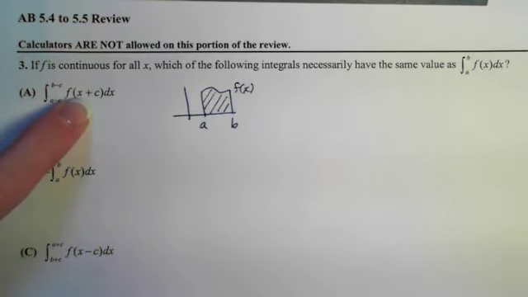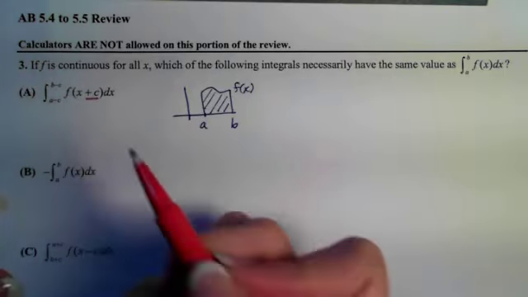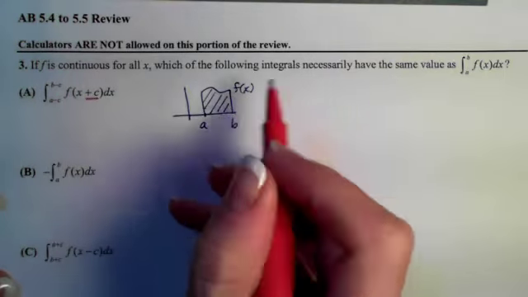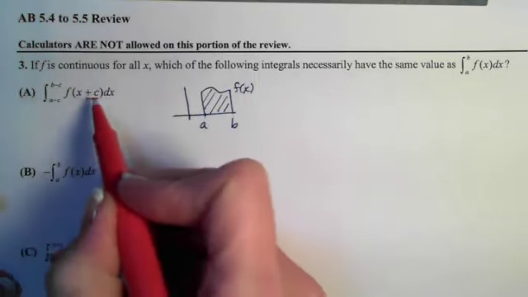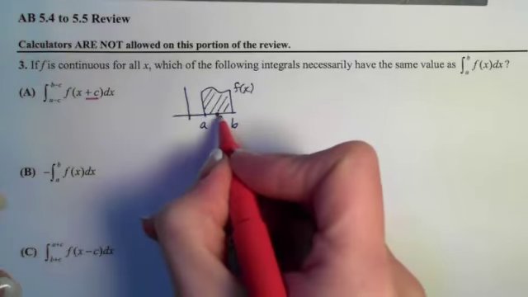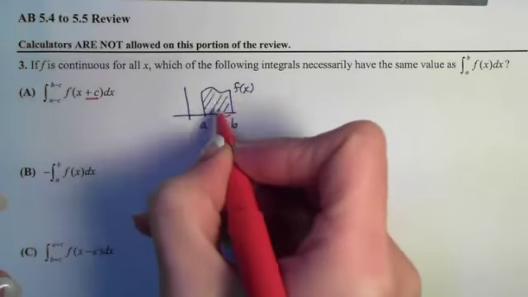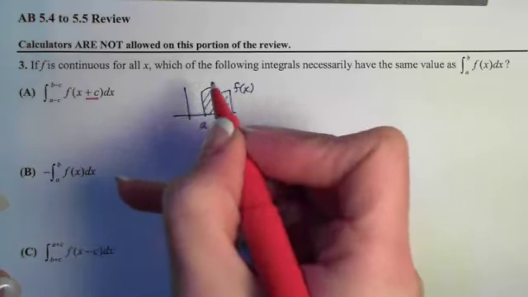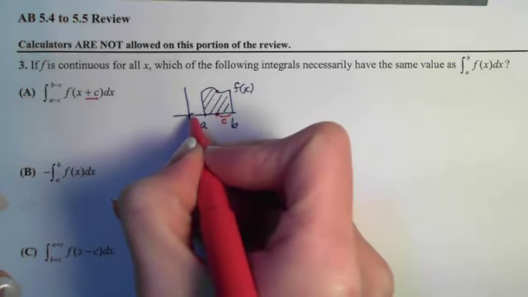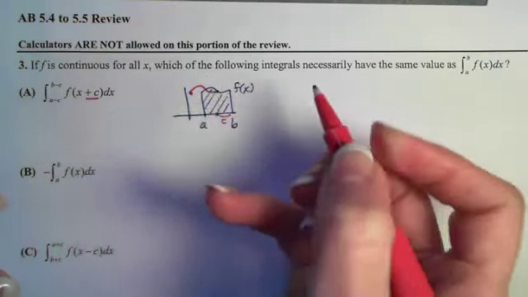Now, this f of x plus c, since I added c inside the function, that means I'm going to move the graph of f c units to the left. So we could say that this distance right here is c. This point here would move over here, and this point up here would move here, and we would get something that looks kind of like this.